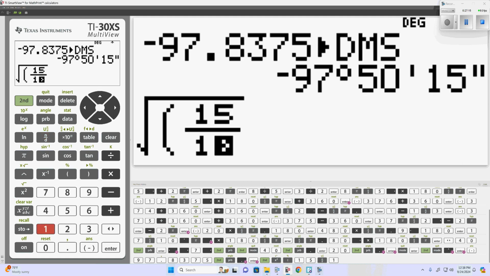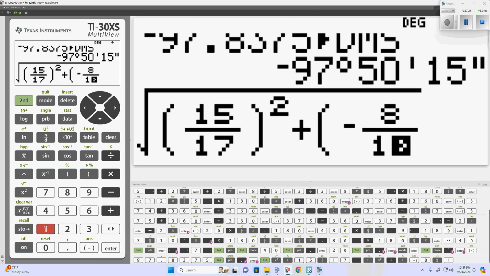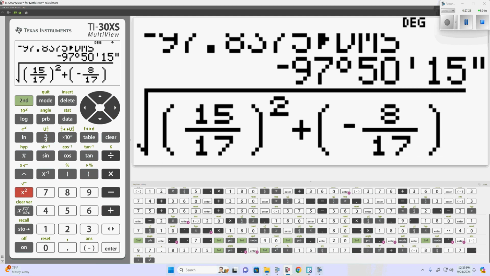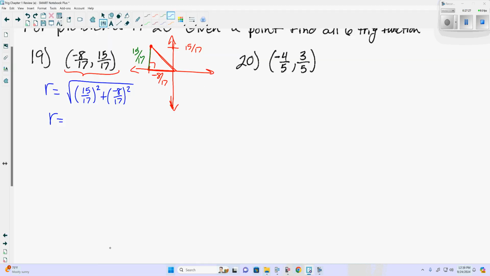And we're going to find out that it's 1. Because I think 15 squared plus 8 squared ends up being the same as 17 squared. So R is 1.